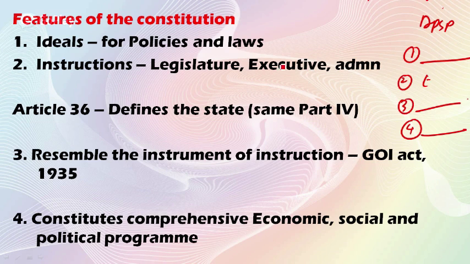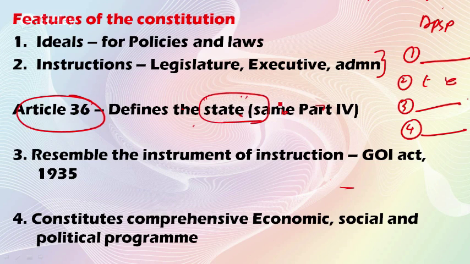The second thing is that these are instructions. These directive principles are instructions to the legislature, executive, and various administrative bodies while governing the country and respective areas. And article 36 defines the state. For the convenience of interpreting the directive principles of state policy, article 36 defines the term state. This definition of state has been given in the broadest of terms.